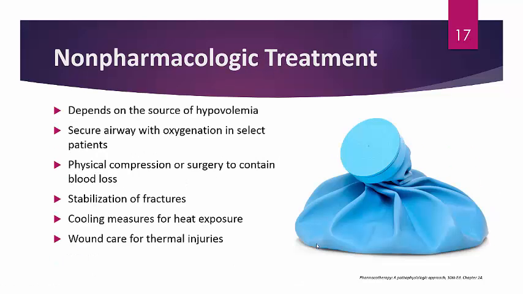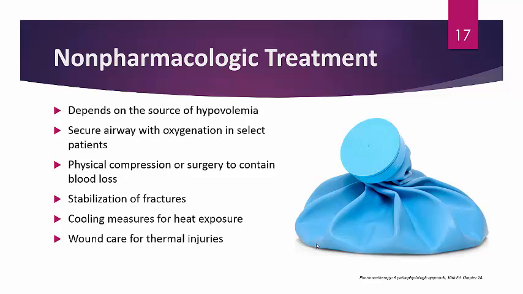Some of the non-pharmacological treatments will honestly depend on the type of hypovolemia that the patient has. If you have a patient who needs oxygen, you need to secure an airway, as we just talked about. If you have a patient who has massive amounts of blood loss as a result of trauma or surgery, you may need to physically decompress that blood loss, so apply pressure to it, or you may need to go in surgically.